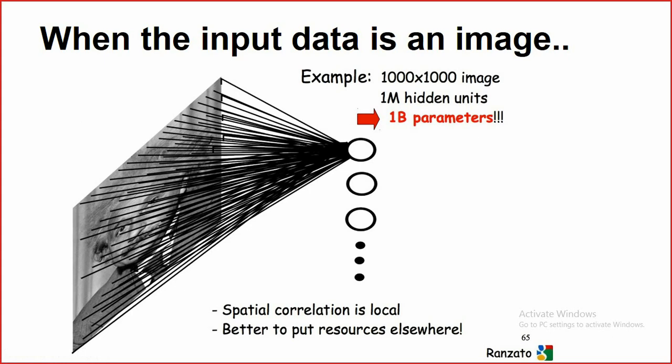But in fact, in an image we have some specific properties. A spatial correlation is local. The pixels around each other have some meaning. This is the eyes. So the value of these pixels is related to its neighbors, but it's not related to this part. And also, in order to recognize an image, we don't need to recognize every pixel. We want to find some specific features.